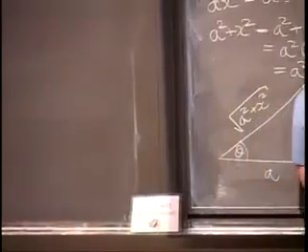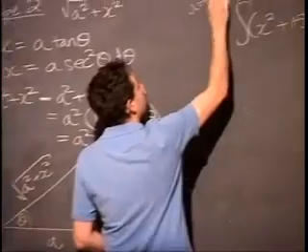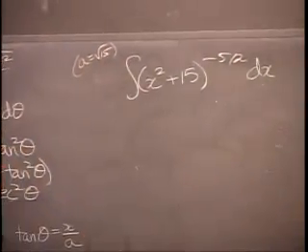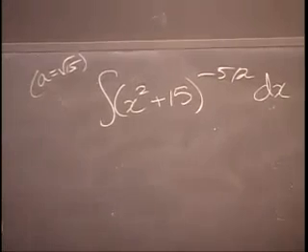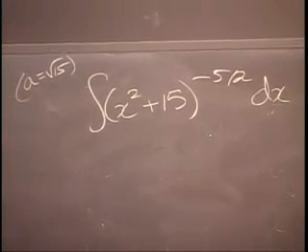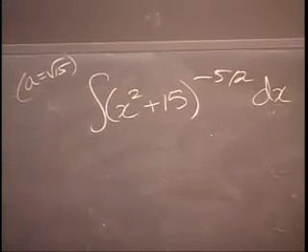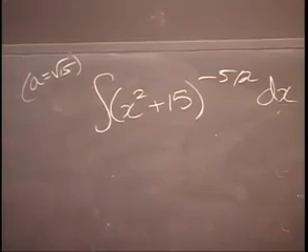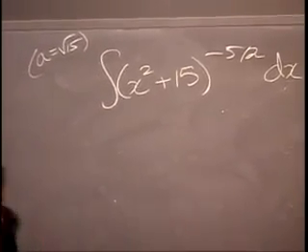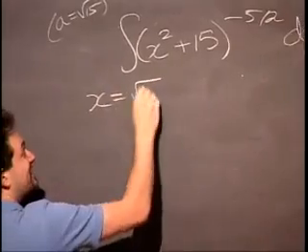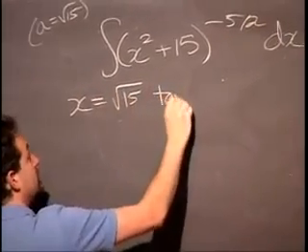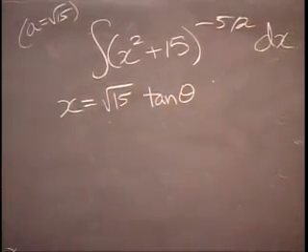You might want to write that down. a is root 15, just to remind yourself. So according to this prescription, but again, not really memorizing it, just knowing what it's all about, the one thing you do have to really memorize or intuit is that you're going to need to start off with x is root 15 tan theta.